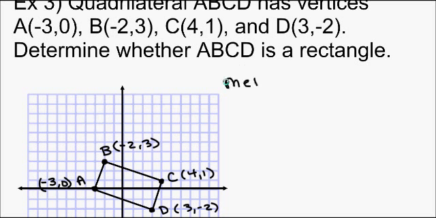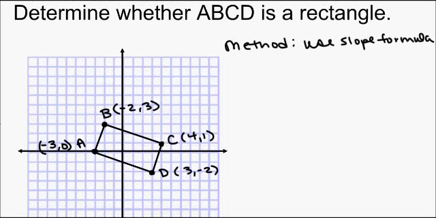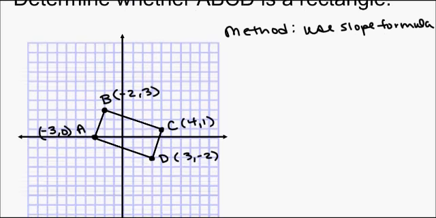Just like the one in Lesson 2, method 1, we're going to use the slope formula. And we want to show that this is a parallelogram, so opposite sides have the same slope. And we want to show that the special type of parallelogram is a rectangle, so the consecutive sides are perpendicular.